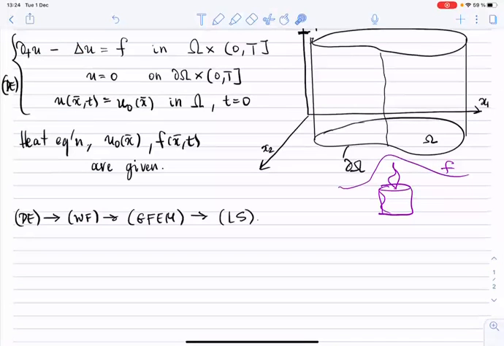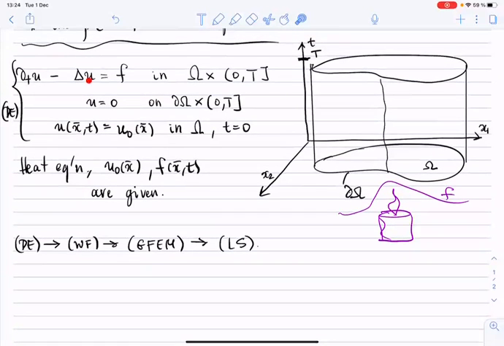But here, the difference is this function u depends on time as well. So this u depends on space and time. And so far, we know how to discretize in space, because usually finite element, it's a discretization that we do in space. But in time, we have to do somehow. So that's what we are going to practice now.